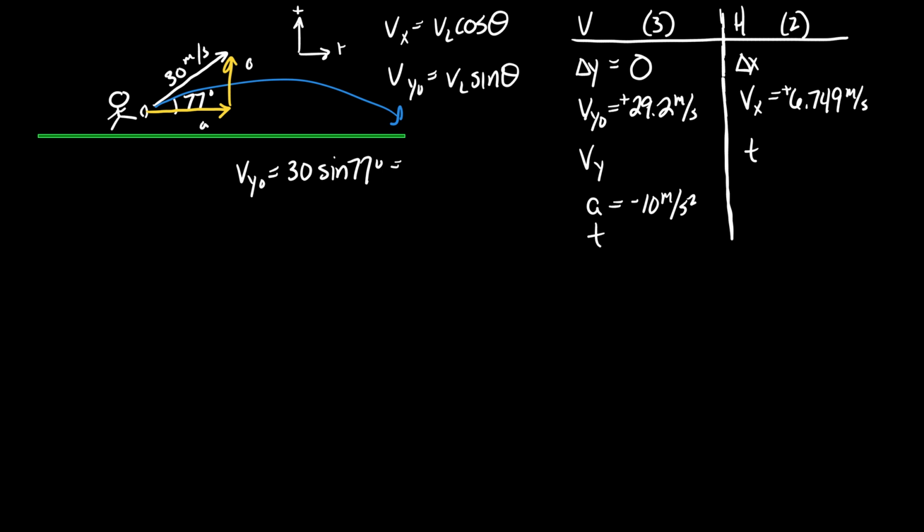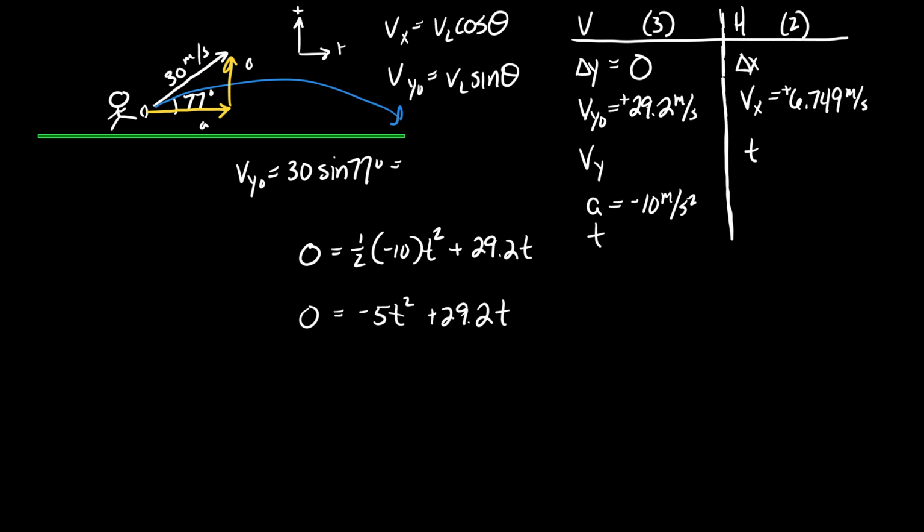Using the same relationship, delta y equals 1/2 a t squared plus vy naught times t. I'm just putting in the numbers as we go. I want to be really clear. Even if I distribute the 1/2, this isn't hard, but there are 2 answers.